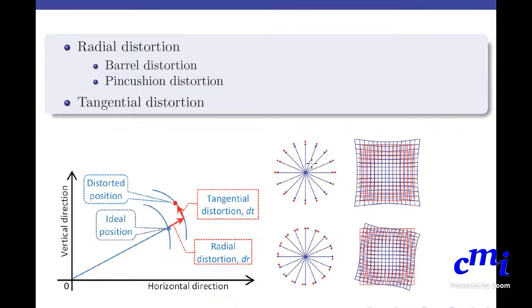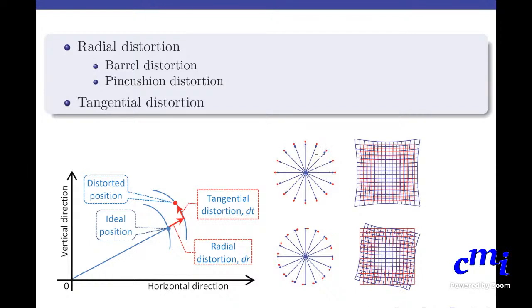Along the same distance, but along different rays coming from the origin, you see these displacements. The blue is the ideal position, the red is the actual position. The actual positions are along this circle, and the displacements are along these rays, which are along the radii of the circle. So this is called a radial distortion.